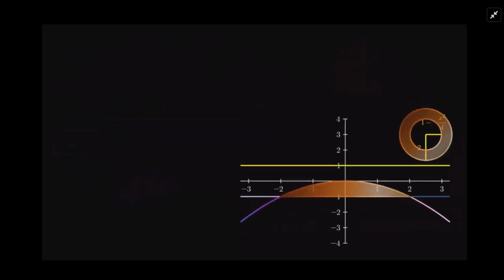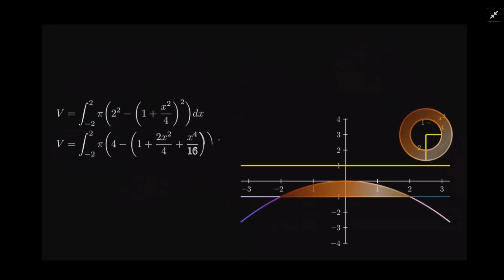So again, we take the outer radius squared minus the inner radius squared times pi times the width. Remember, that's dx, the slice. And here's the algebra. Watching this algebra is probably not going to do you much good unless you've already worked it out yourself.